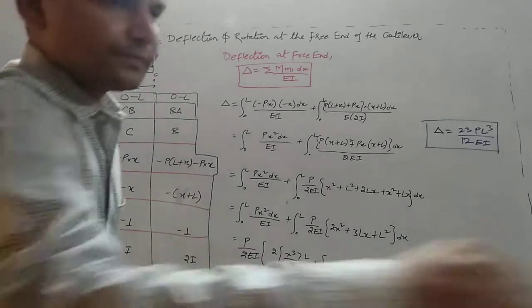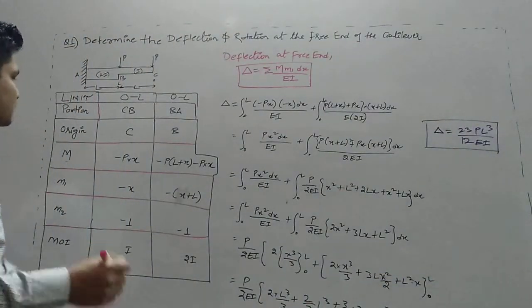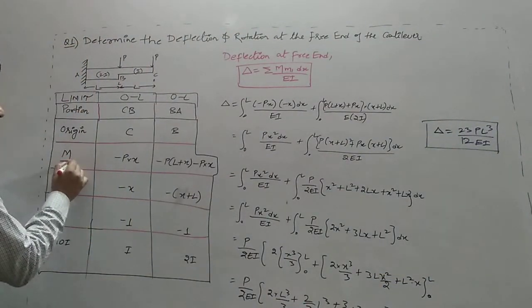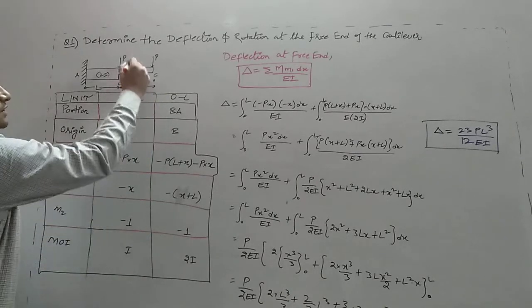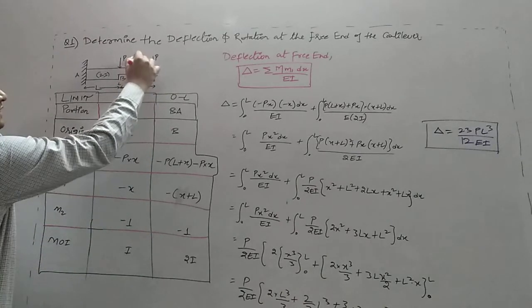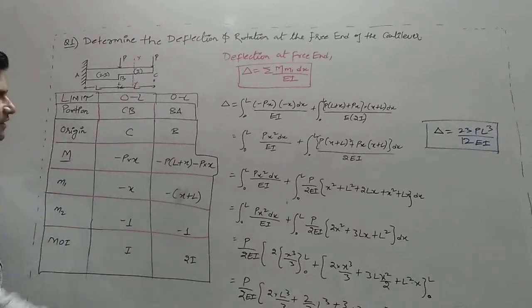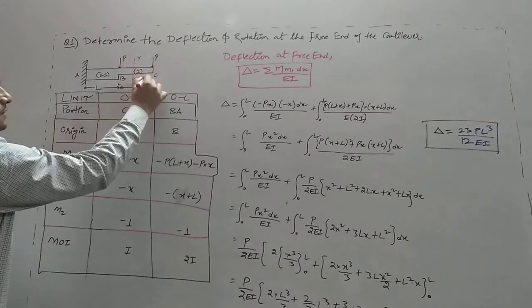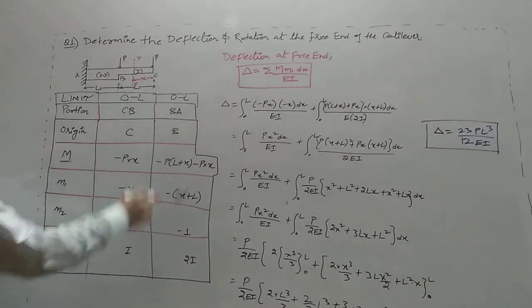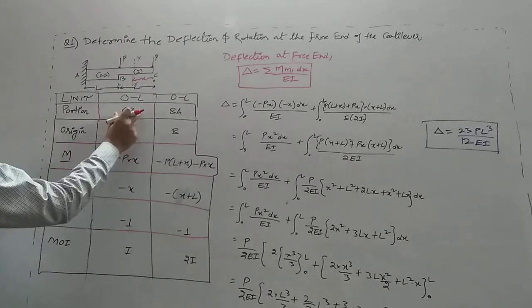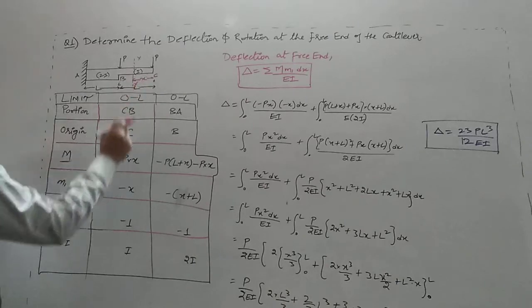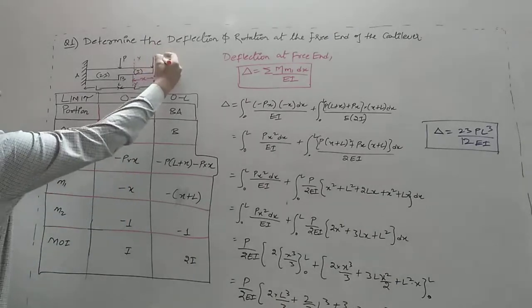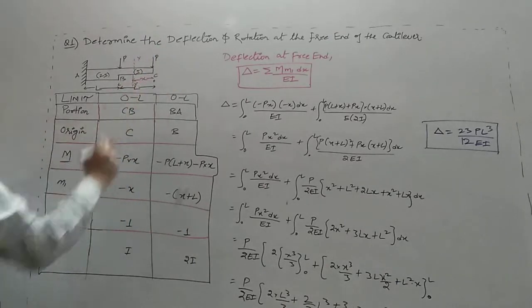Okay, so how do you do this? Now considering the bending moment for the CB portion. If this is my x-axis section here, at a distance of x from this end, the value of bending moment for this CB segment is P, and the perpendicular distance is x.